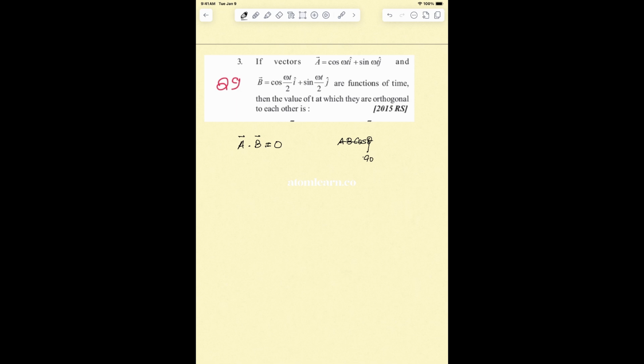Now, as you know, we have already got it in terms of rectangular coordinate components. What are they? It is like this: cos omega t i cap plus sin omega t j cap, dot product with cos omega t by 2 i cap plus sin omega t by 2 j cap. Now this should become 0.